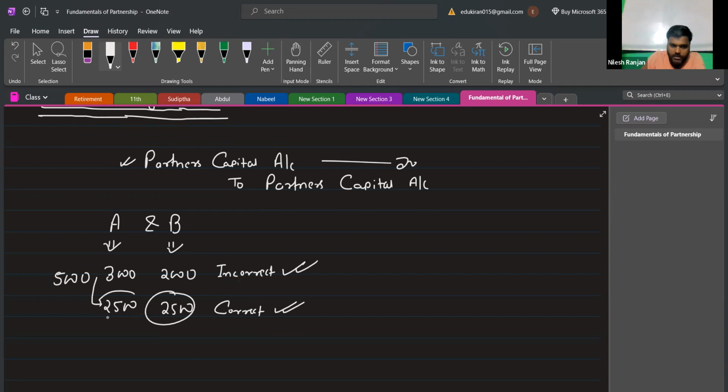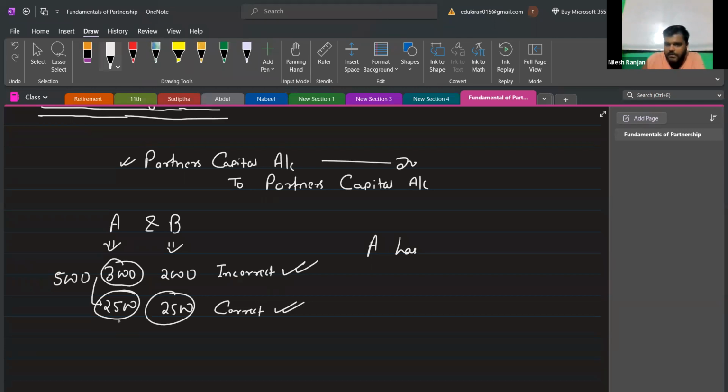But we have paid 3,000 and 2,000 to A and B. So who has received the excess amount? A has received, because A got 3,000, but his share is 2,500 only.